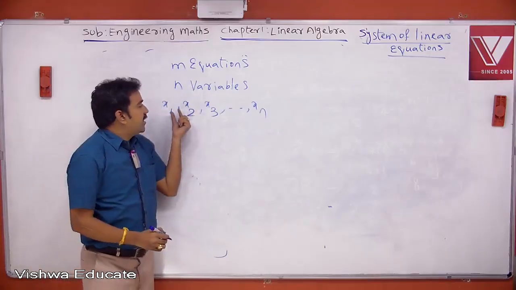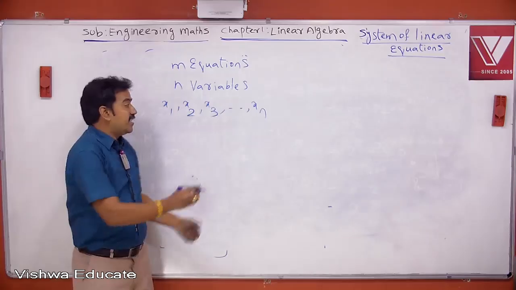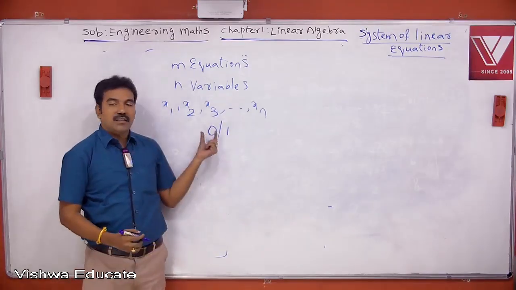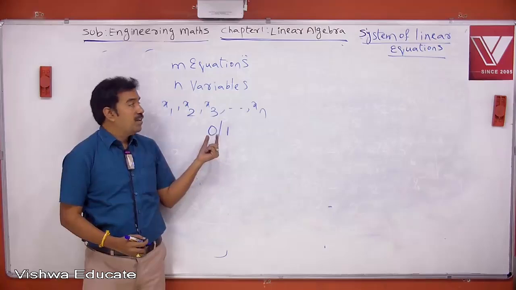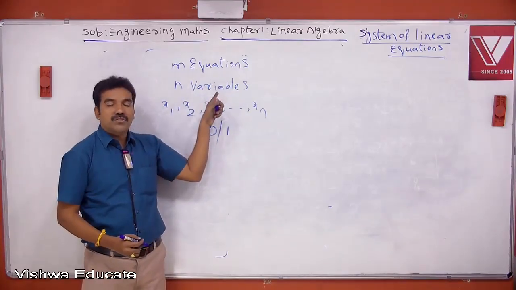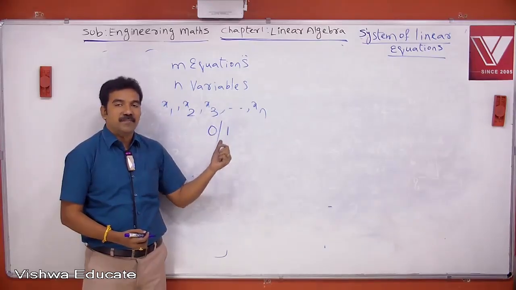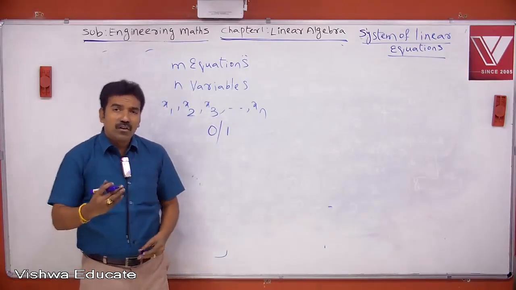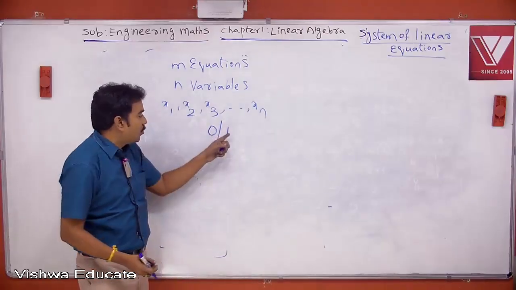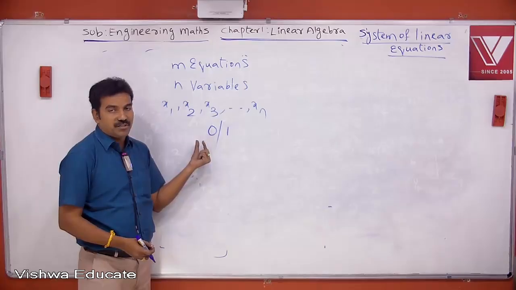Now, if the power of each variable in each equation is either 0 or 1, then such equations are nothing but a system of linear equations. I have m number of equations, n number of variables. If the degree of each variable in each equation is either 0 or 1, such a system is called a system of linear equations.